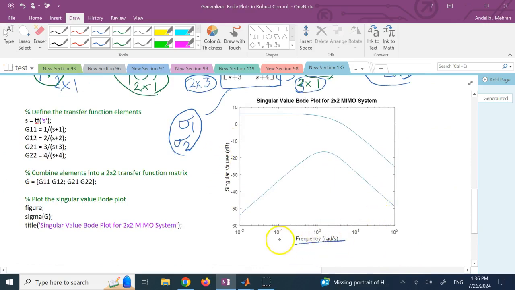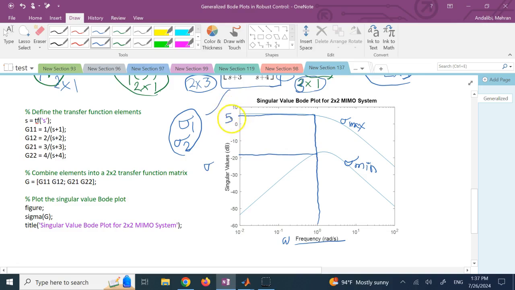So this is the frequency omega, and these are the sigmas. And since I have two sigmas, this is your sigma max on the top, and this is your sigma min. So for instance, at a frequency of 10 to the 0, which is 1, you can see that the minimum magnification factor for this system is something like negative 18 decibel, and the maximum is somewhere around 5 decibel.